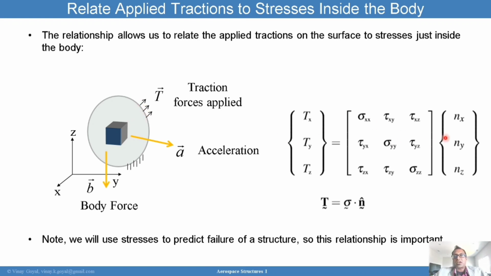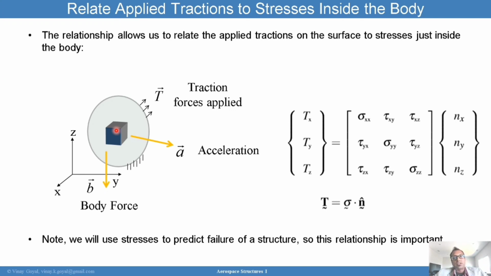So I can use these Cauchy's relationships for multiple reasons. One is to relate the tractions outside the body to the material point just inside the body, to these stress quantities. But I can also use them to determine the tractions at an oblique plane that may not align with X, Y, and Z at a material point inside the body.